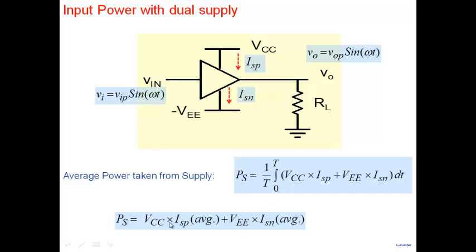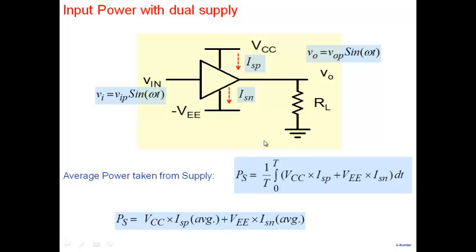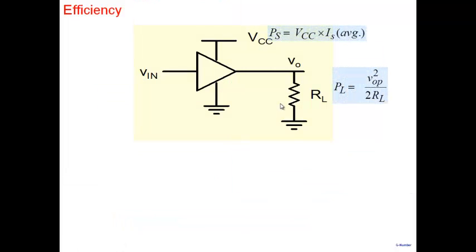So that's the total power. In most cases, VCC is equal to VEE, so both are the same. And very often the circuits are symmetrical: the positive cycle part of the circuit is the same as the negative part. Therefore ISP will be equal to ISN also. So the total power will then be twice VCC into ISP, whatever is the power taken from one supply, many times. Okay. All right. So all that is related to the supply voltage.